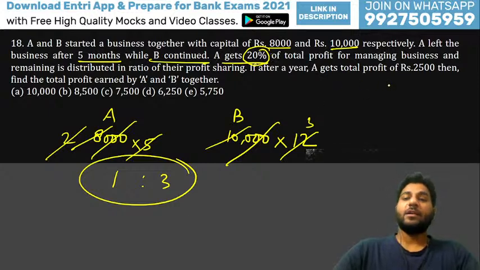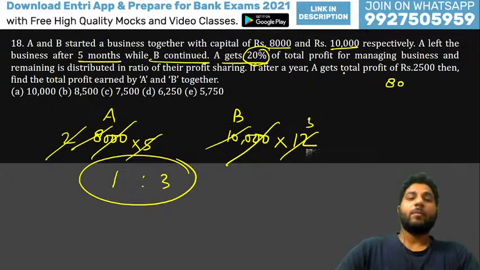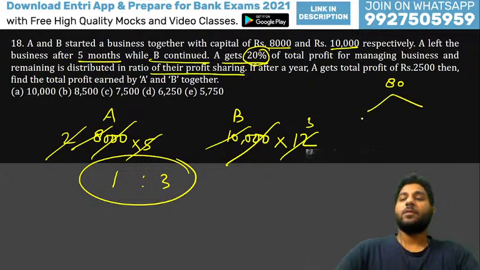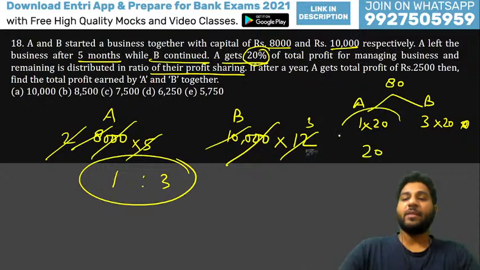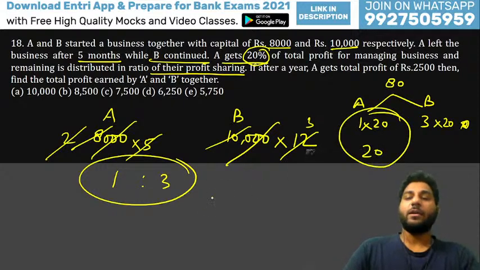That means only 80% is left, and that 80% will also be distributed in their profit sharing ratio, 1:3. So A will also get 20 and B will get 60, and A already got 20. That makes A's total profit 40.